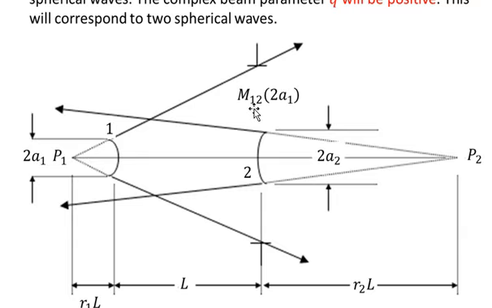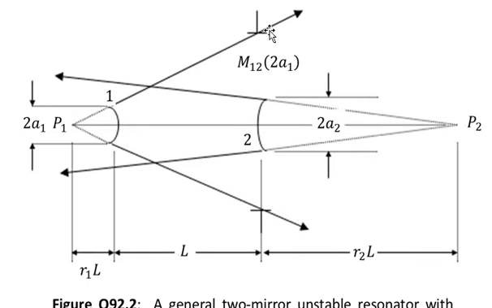So M12 is the magnification when the light beam travels from mirror 1 to mirror 2. This cone of light reflected by mirror 1 is also much larger than the dimensions of mirror 2, so the light will also leak out of the resonator from mirror 2.